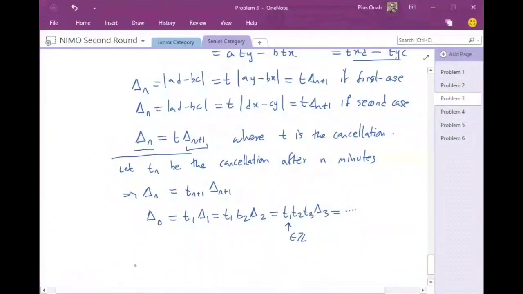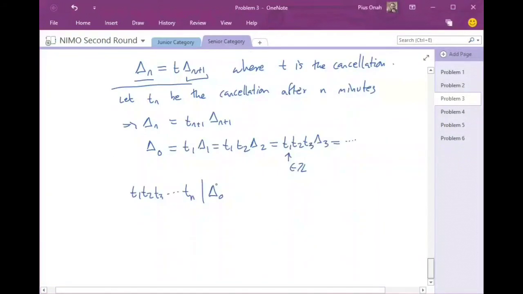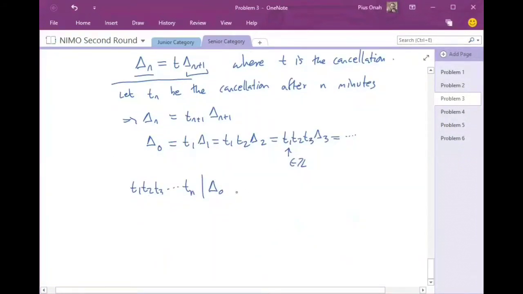So we have that at the very least t1, t2, t3, up to tn multiplied give this number. It becomes apparent that eventually Tn is equal to 1.